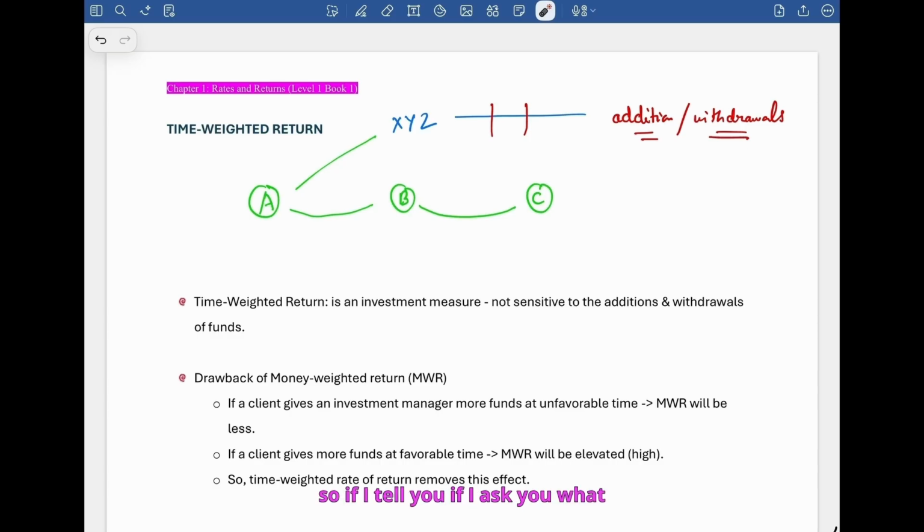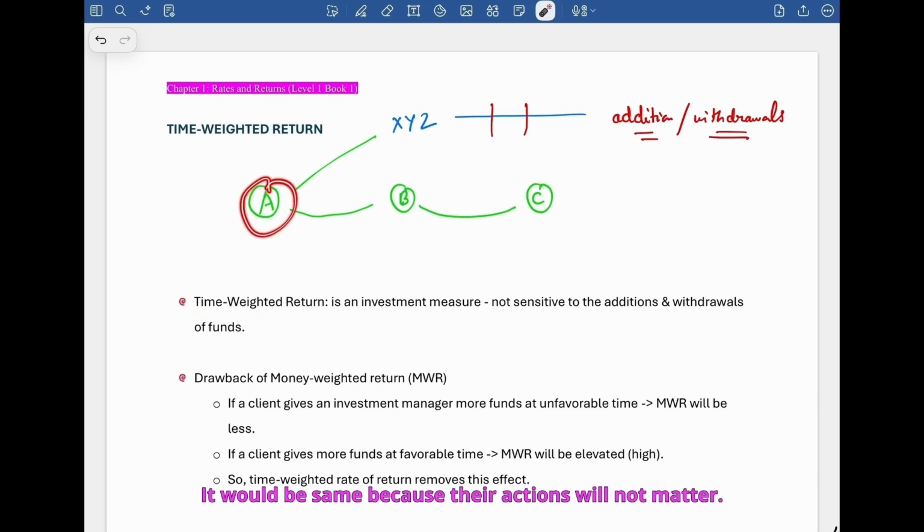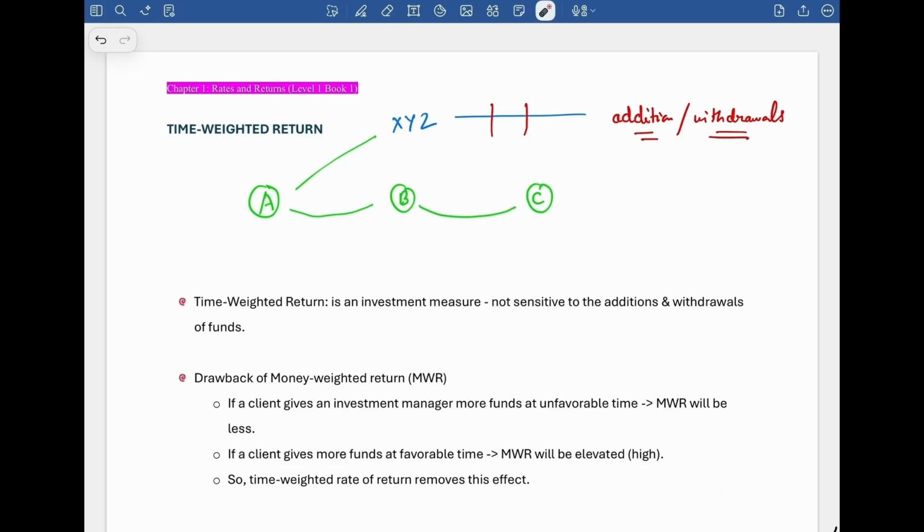So if I ask you what would be the time-weighted return for A or B or C, what would be your answer? It would be the same, because their actions will not matter, because time-weighted return is again insensitive to the addition and withdrawal of funds.